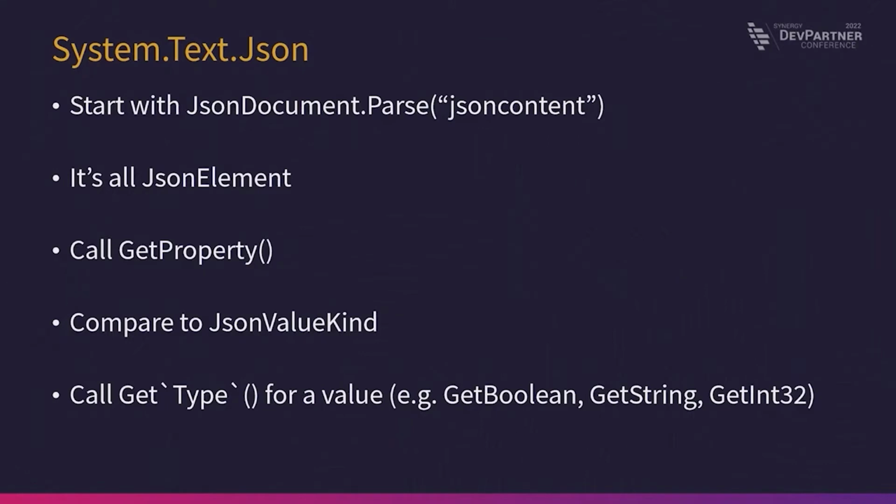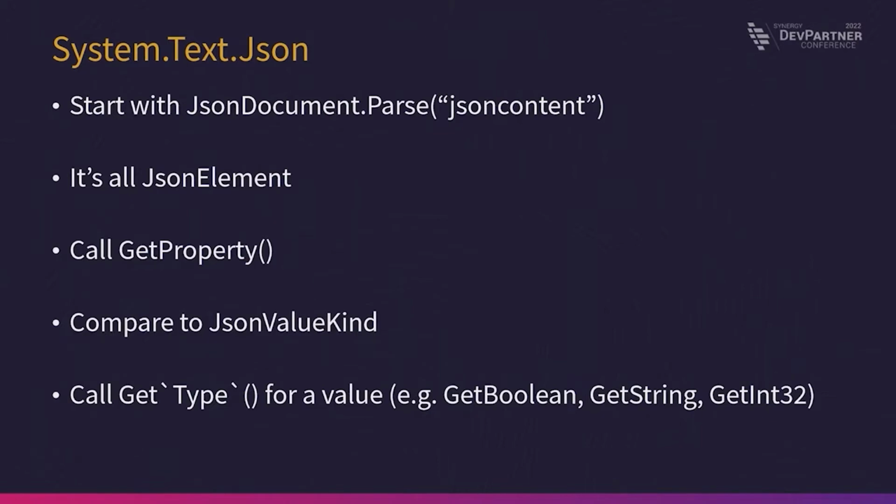Each element only has one value. You can find out the type of that value through the value kind property and compare that against the value kinds defined in JSON value kind enumeration, like object, array, number. If the value is an object, you can query name value pairs with getProperty or try_getProperty and the specific property name.